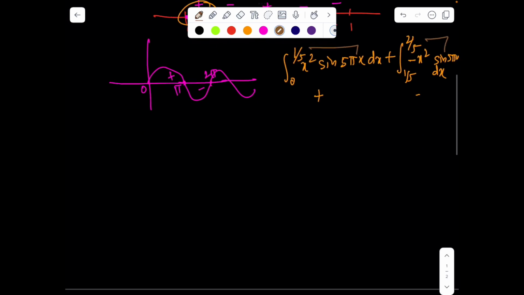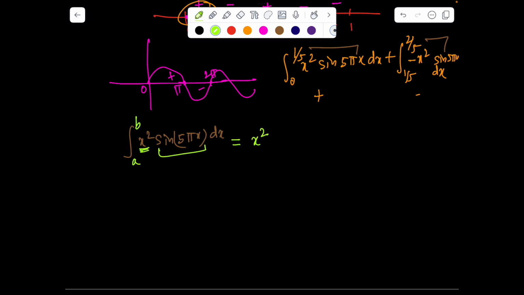Now there is a quick way of integrating this. Suppose we have the integral of x squared sine 5 pi x. We don't need to do it every time. We can use repeated, generalized integration by parts. I can leave x squared and integrate the other part.